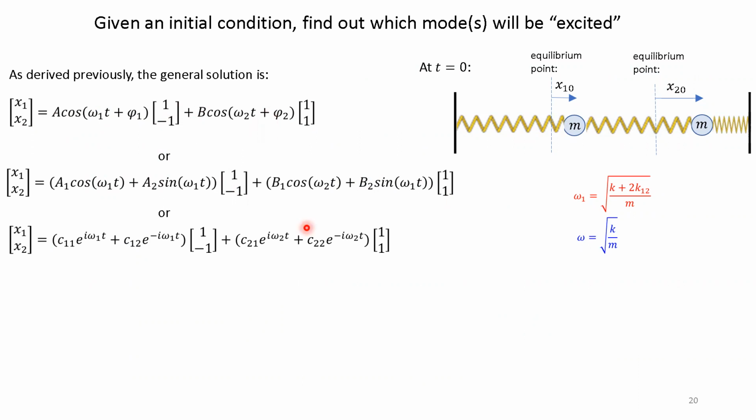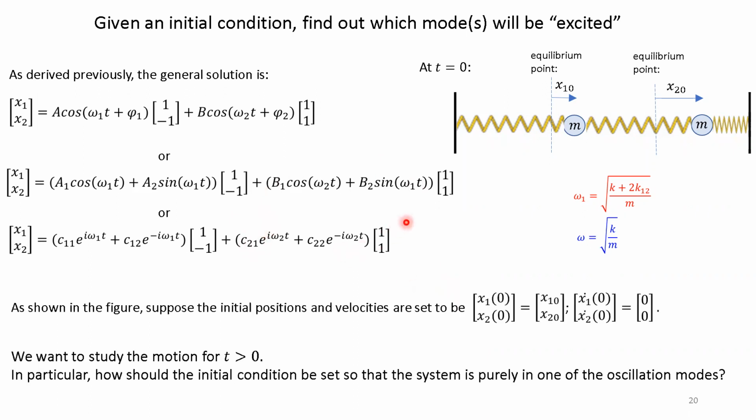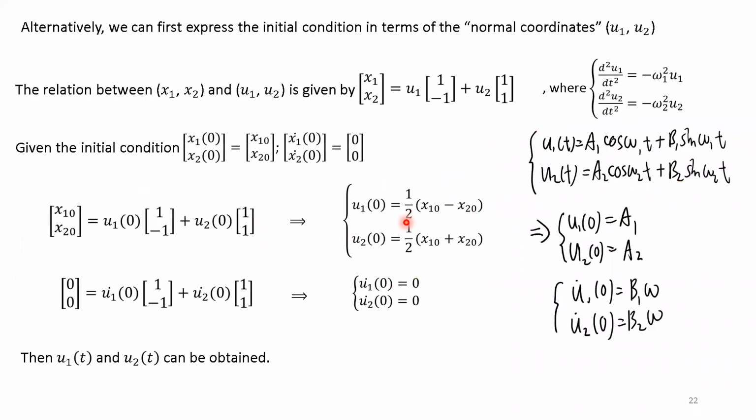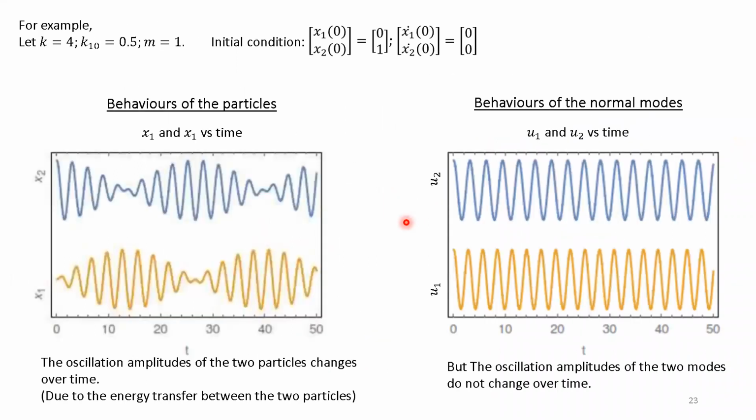Will it oscillate more in normal mode number one, or in normal mode number two, or will it be a superposition of the two? We talked about that. And here, I would like to give you one example where the system oscillates in a superposition of both normal modes. It's right over here.